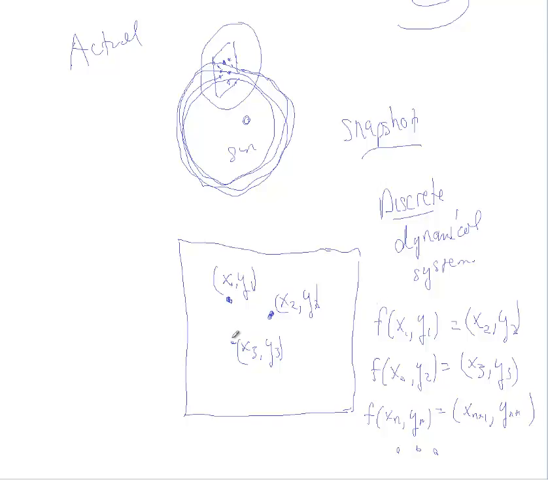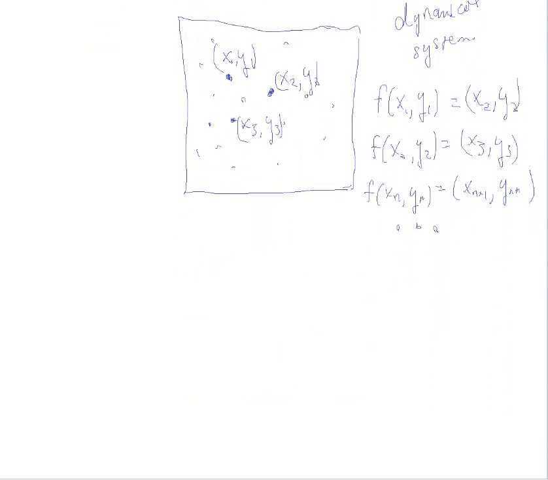In fact, a Julia set is just the set of points where these iterates, x1, x2, x3, don't diverge. Or I should say more precisely, if a point is in the Julia set, let's just say something about Julia sets here.